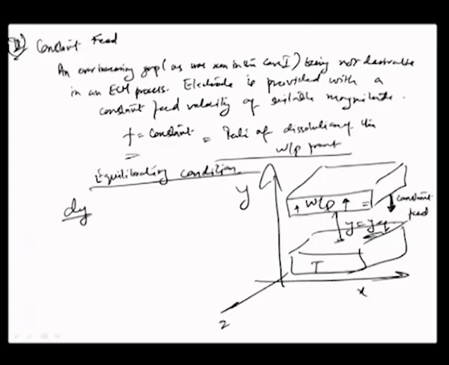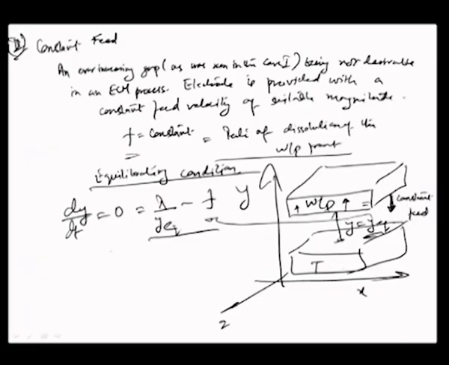So, dy by dt becomes equal to 0, and that can be represented as lambda by y eq minus f.